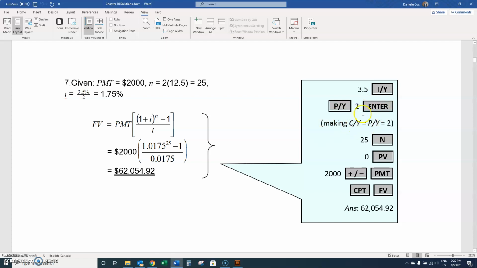But right now they're the same, so we leave both at 2. Our N was 25. Make sure that you enter your 0 for present value. That's very important. You will get a different answer if you don't enter 0. Your payment, it's outgoing, so it's going to be negative, and it's 2,000. And we compute our future value.